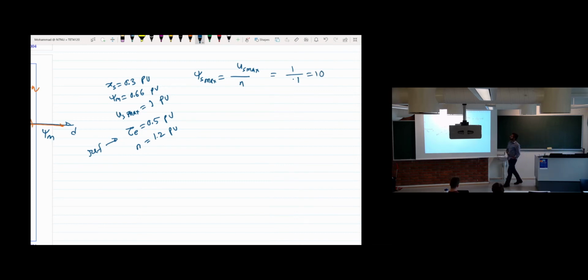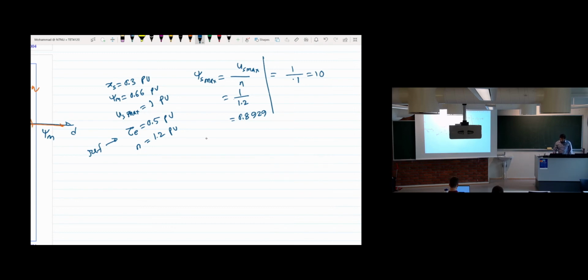If we neglect the magnetic saturation, we don't need to worry. But here we want to have the higher speed, 1.2 per unit. And that gives us the stator flux max that we can obtain, 0.8929 per unit.